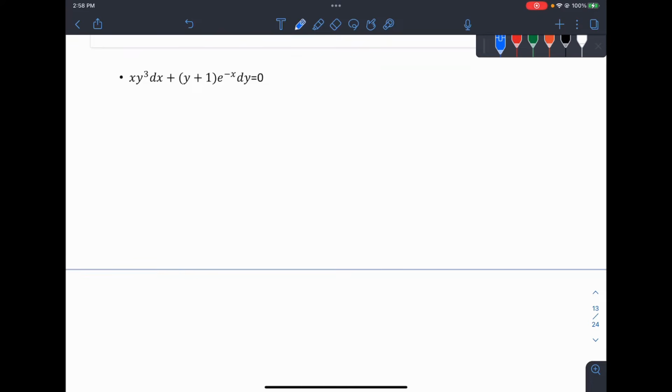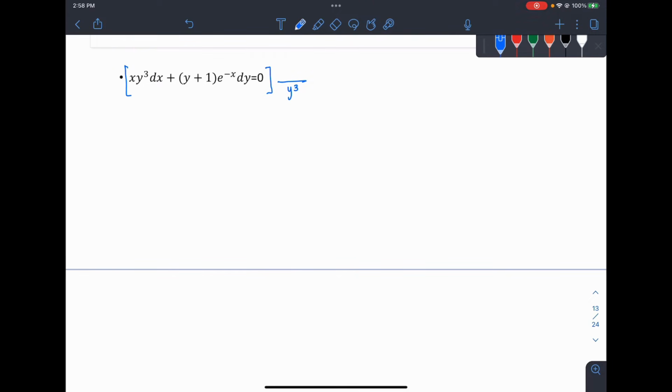So again, any variable other than the differential, we remove it. So dx is multiplied with x y cubed, so we have an excess of y cubed, so we remove it, so y cubed.